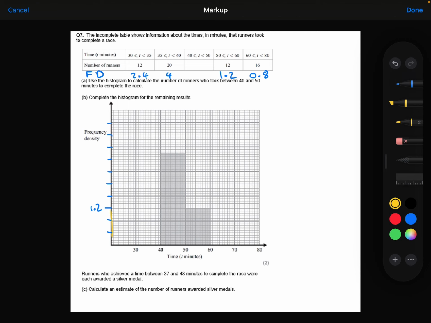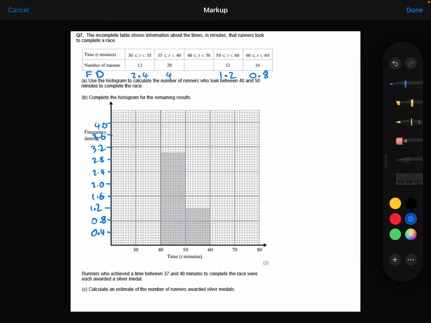Right, if this is 1.2 divided by those 3 lots of squares, so I think this is going to have to be 0.4, 1.2 divided by 3. That's going to be 0.8, so going up in 0.4s. Like that.